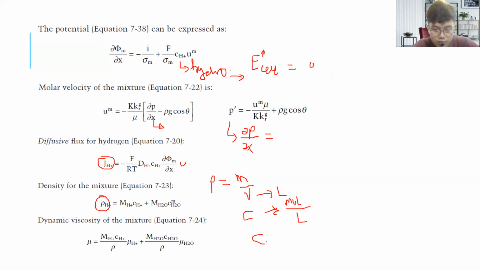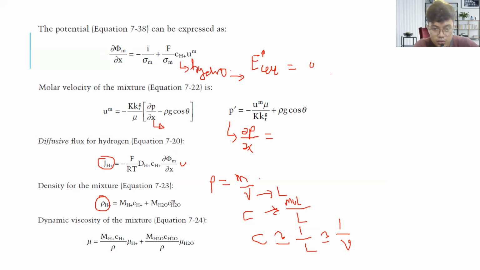So the concentration for 1 molar mixture is equal to 1 per liter, or the concentration is equal to 1 per volume for the unit.